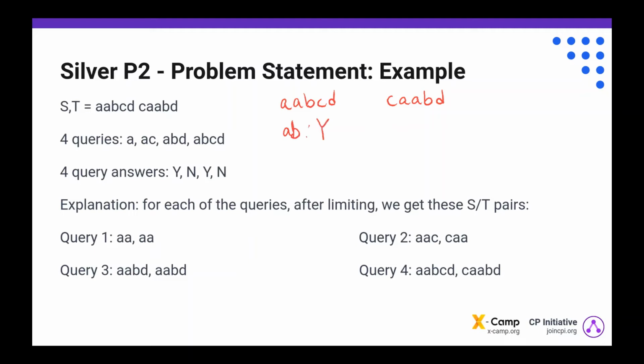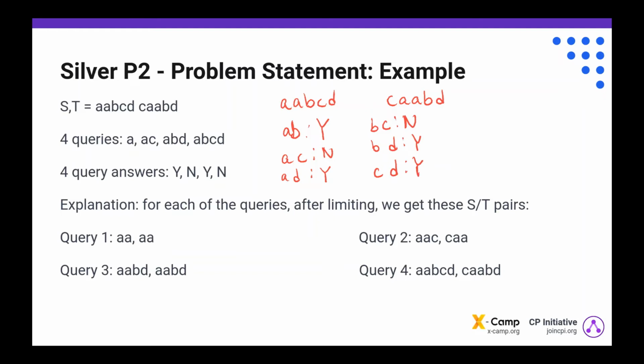AB is yes. AC is no. AD looks like yes. BC is no. BD is yes. CD is yes.